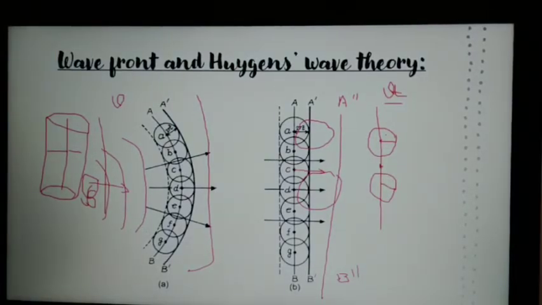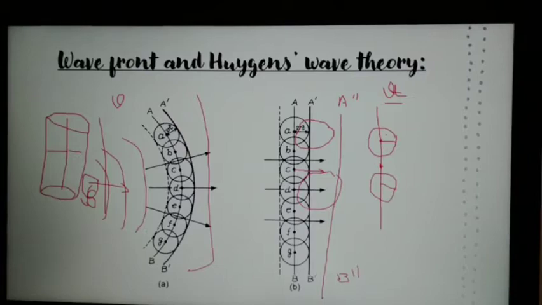Okay, so here you have to remember two terms, wavelets and wavefront. Wavelet is these spheres and the tangent to the wavelets are wavefronts. So remember those two terms, wavelets and wavefront. So these are the three postulates.